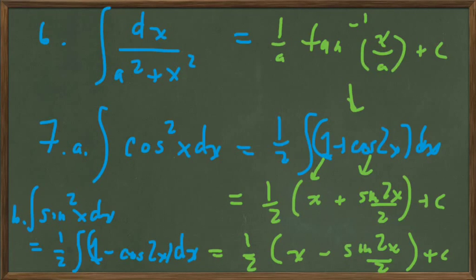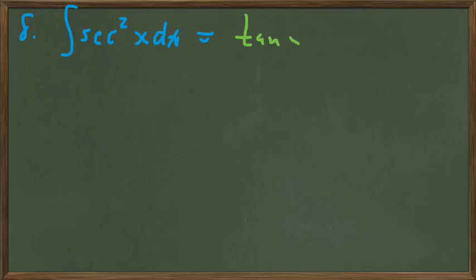Okay, so let's continue on the next blackboard. So some other trig integrals that we need to be able to do. You remember that the derivative of tangent is secant squared, so the integral of secant squared is tangent x plus c.